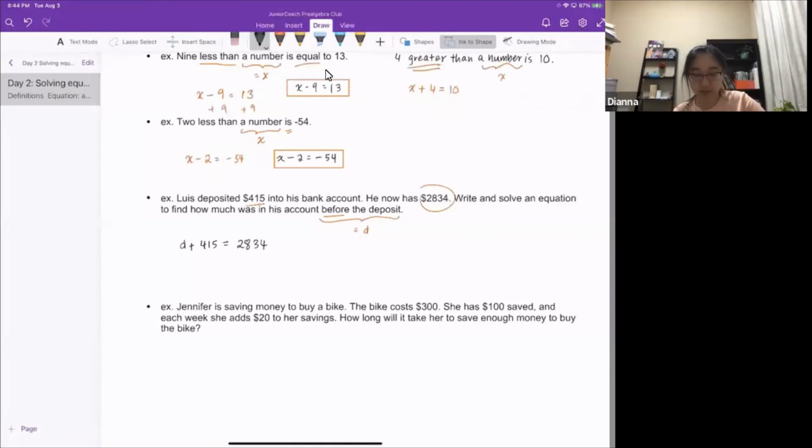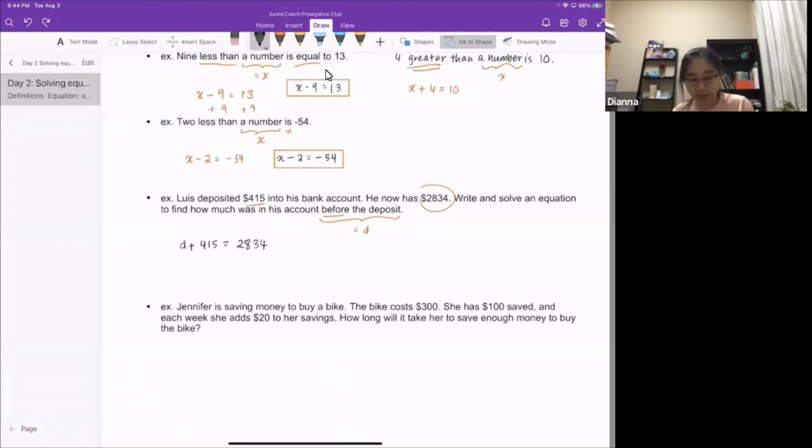There. And so how do we know it's a plus and not a minus sign, right? How do we know it's one but not the other? Well, if it was a minus sign, that would mean the opposite. That would mean that he initially had D amount of money, but then he would have taken out $415, right? So then that wouldn't be the same anymore.